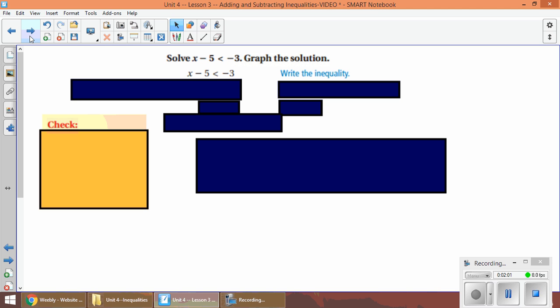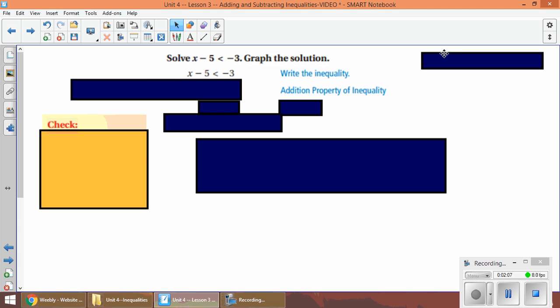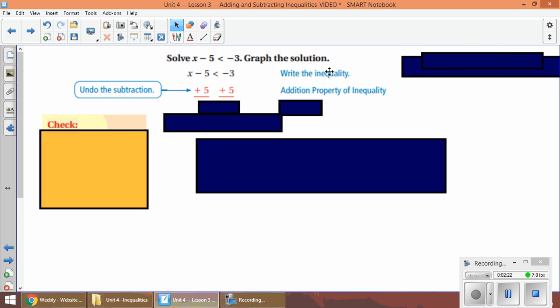So here's example number 1. x minus 5 is less than -3. So what we're going to do is use the addition property of equality. Just like an equation, we want to isolate the variable. So the inverse of subtracting 5 would be add 5 to both sides. So we're using the addition property.